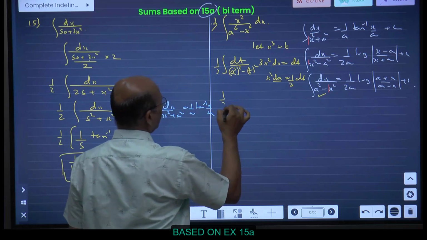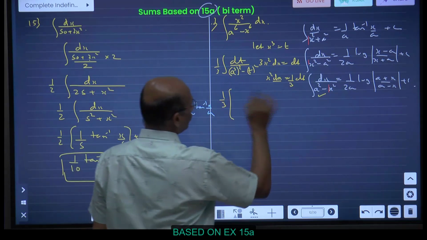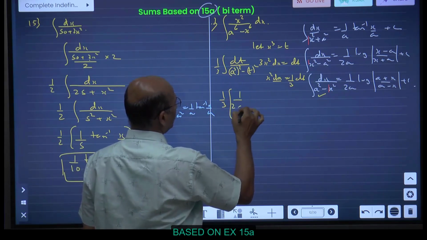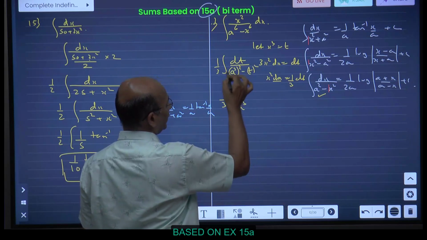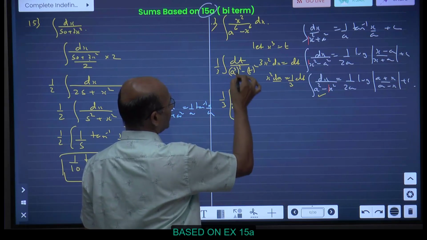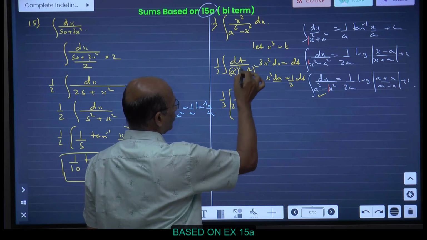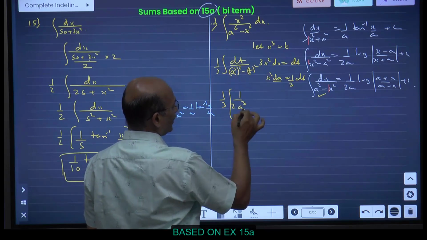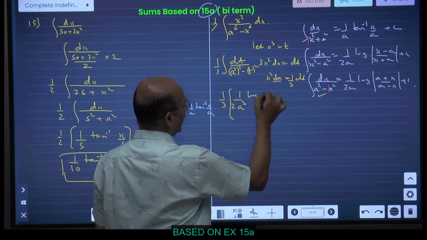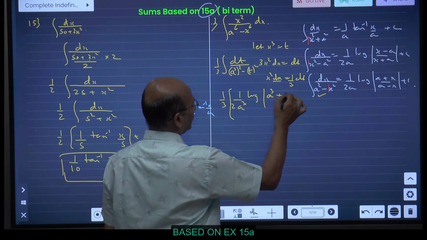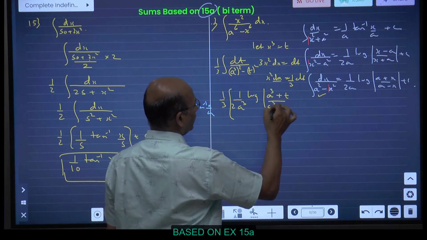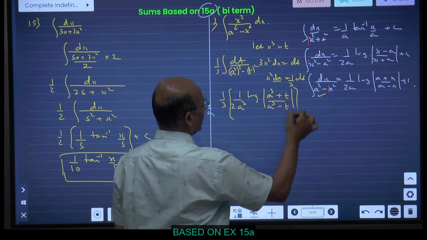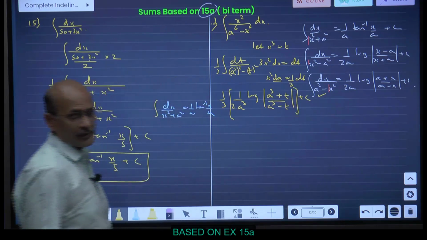So 1 by 3. Okay, be careful now. So 1 by 2a, 2a cube, because my a is nothing but a cube. A is nothing but a cube. So a square minus x square, 1 by 2a cube log of a plus x upon a minus x plus c. That's all.